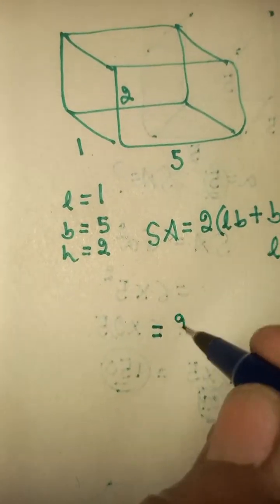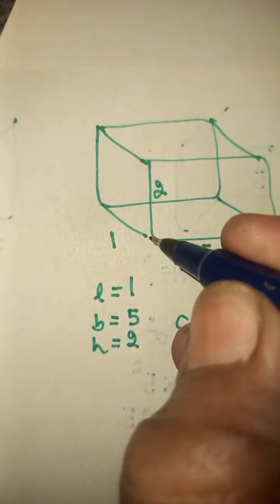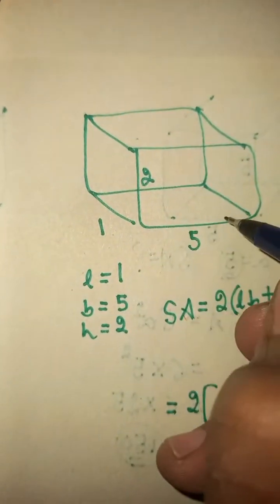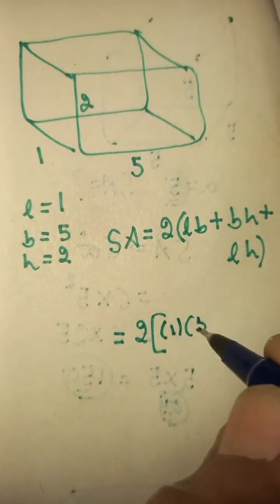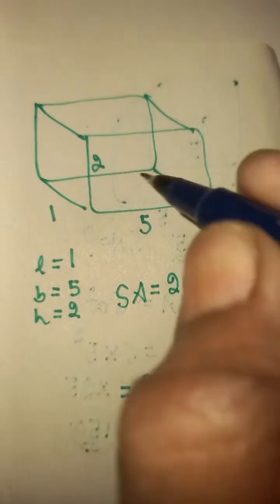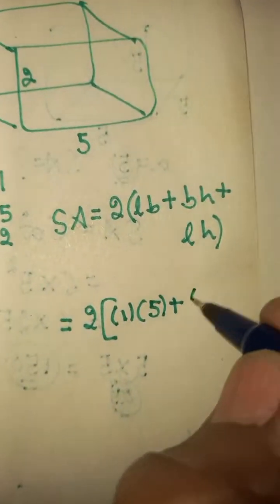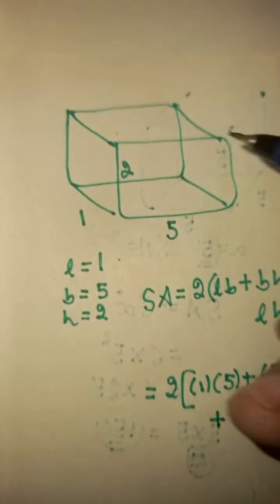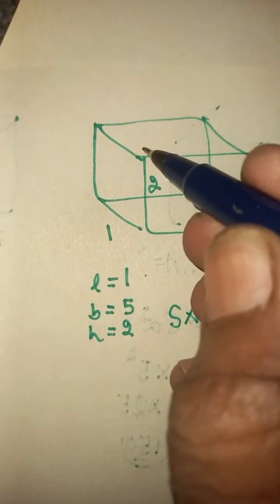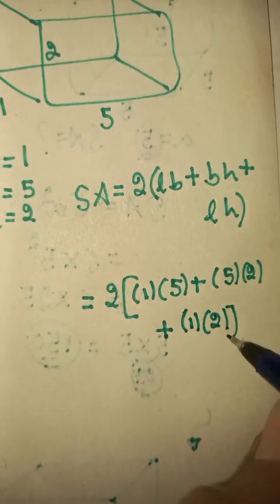Let's start. 2 times length times breadth means 1 times 5, plus breadth times height: this is breadth, that is height, so 5 times 2, plus length times height: this is length, that is height, so 1 times 2.